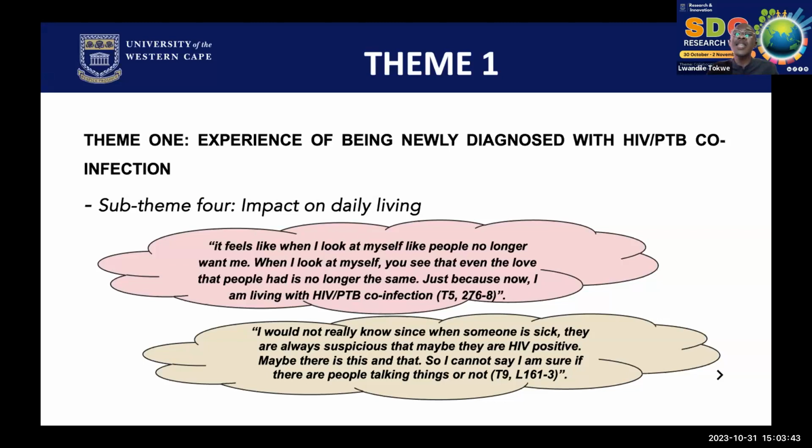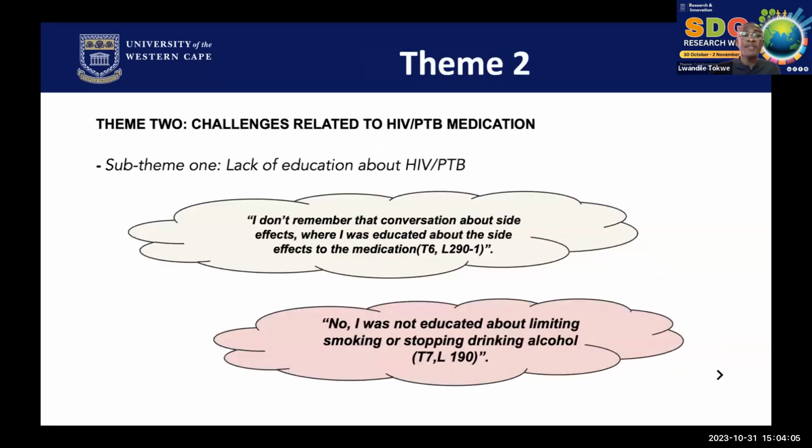And interestingly, some of the participants verbalized that living with HIV and pulmonary TB co-infection changed the way people were viewing them. This suggested a level of perceived stigma, which had an impact on their lives because they felt that people were discriminating or would discriminate against them because of living with HIV and pulmonary TB co-infection.